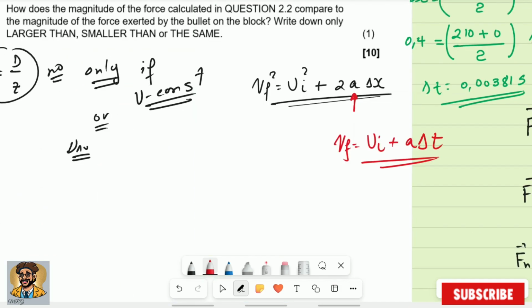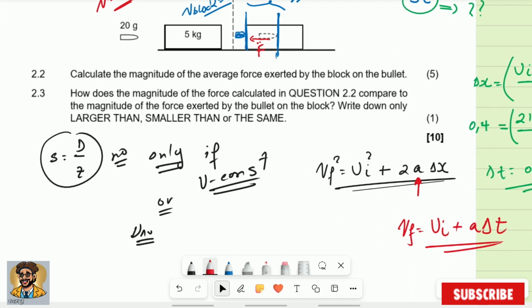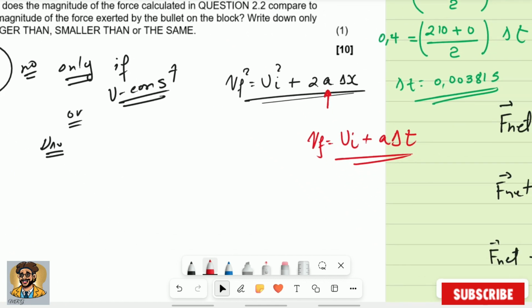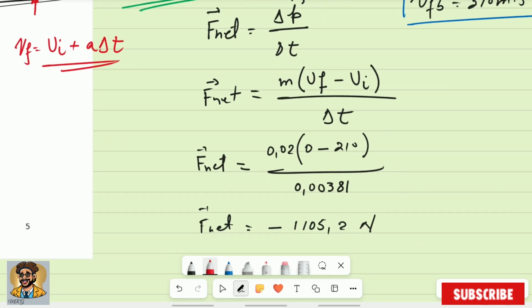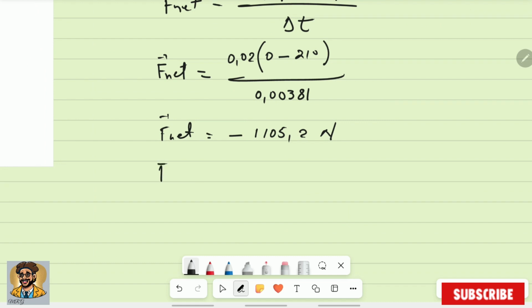We're going to check just now. The question says calculate the magnitude. That is why the young lady says it's not negative. The answer is negative, but the final answer is just the magnitude. So F net is equal to 1105,2 Newton.